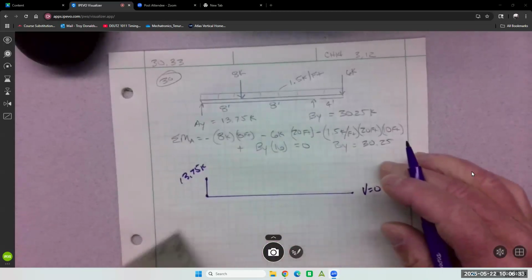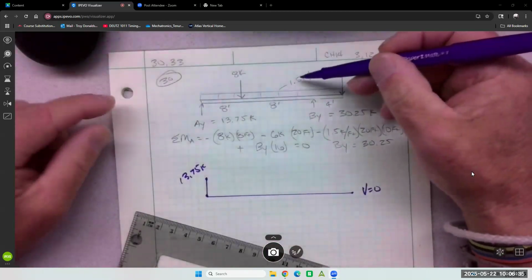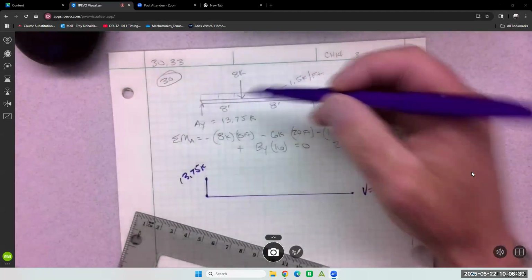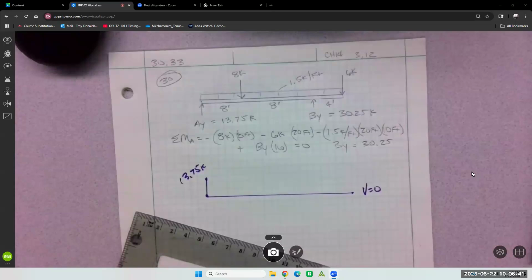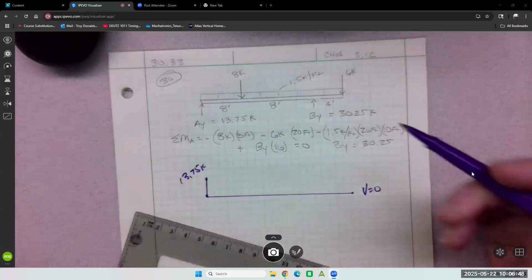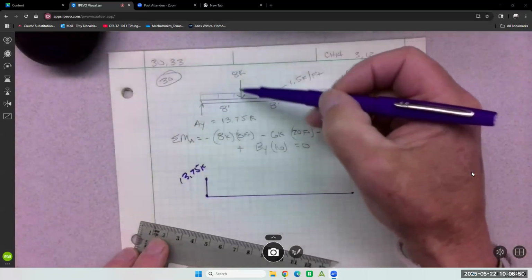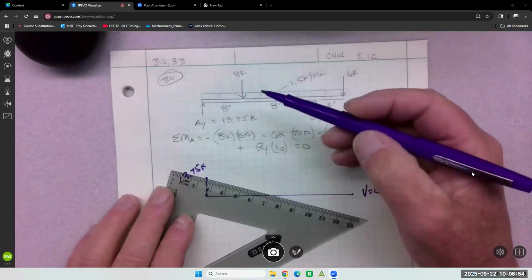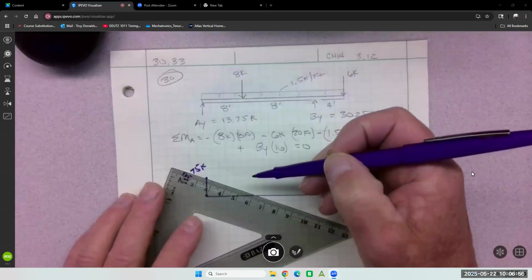13.75K. Then it comes down, and it comes down 1.5K for every foot. So in 8 feet, 8 times 1.5, it's going to come down a total of 12 in this 8 feet. There's nothing else going on in there, so you can just calculate how much it comes down and bring it down. So it comes down to near like 2.